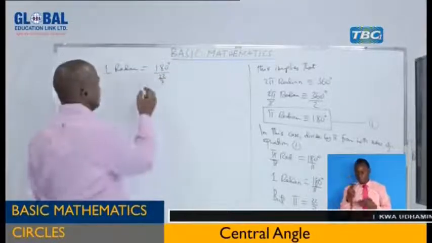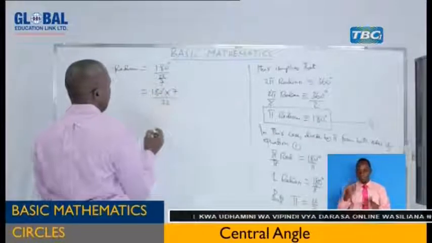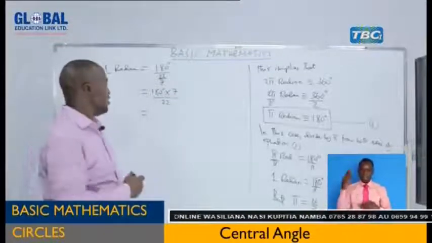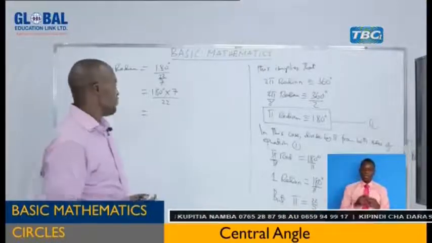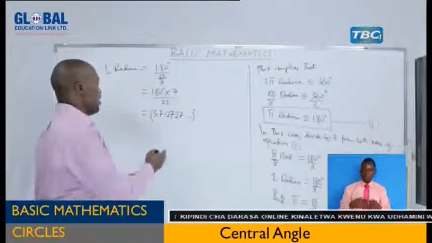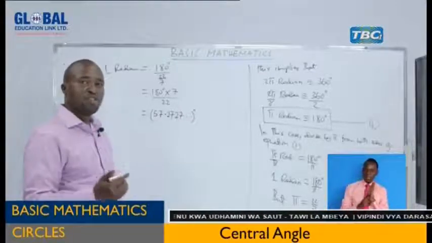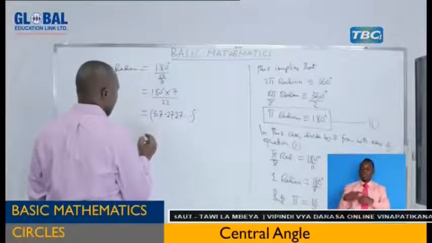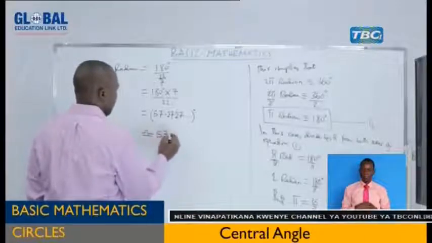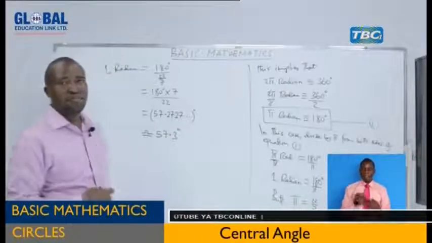This can be written as 180 degrees times 7/22. So just take 180 degrees times 7, then divide by 22. In this case, we have 57.2727 continuing to infinity, in degrees. On making approximation, this will be equivalent to 57.3 degrees.